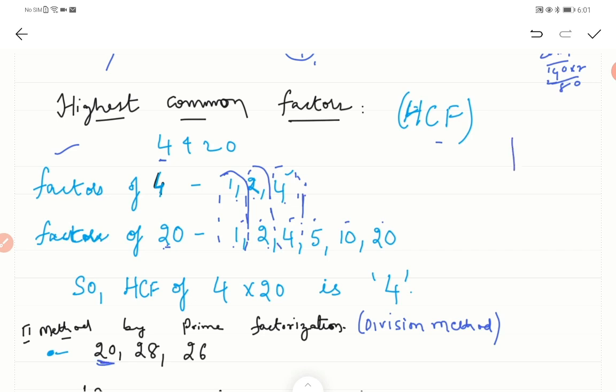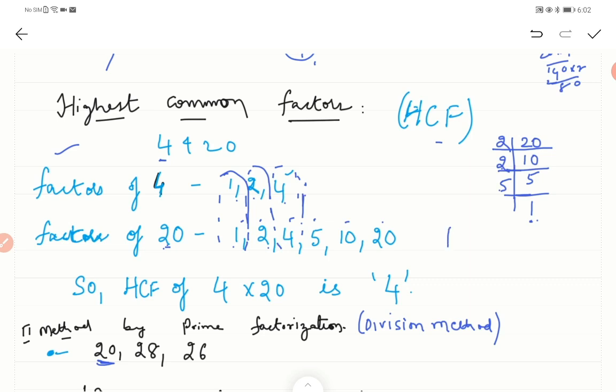Prime factorization method, how you need to do it, take it like this. First divide by the smallest factor, that is 2: 2 tens are 20. Again it will go by 2, 2 5s are 10. Now it will go only by 5. You will divide until you get 1 here. So your factors for 20 are 2, 2 and 5. Okay, this was for 20.